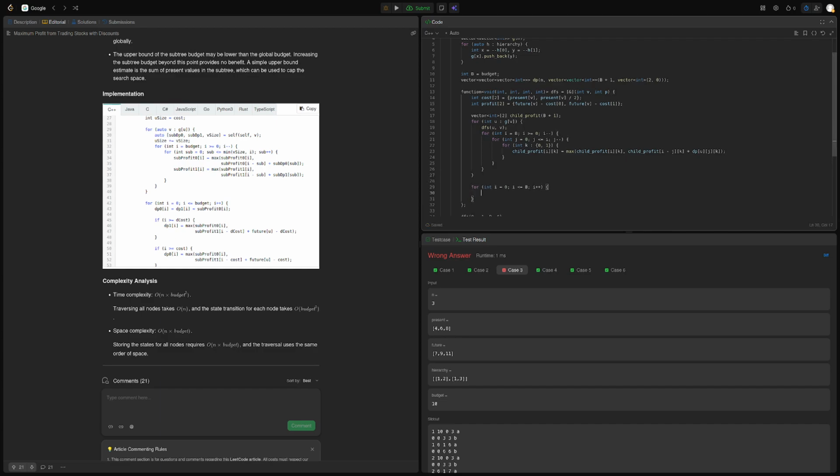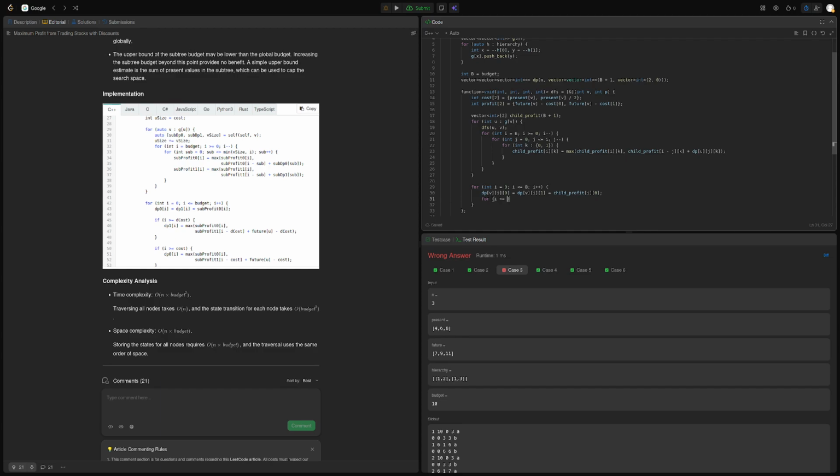Then we do this, so dp vector I0, dp vector I1 is child profit vertex I, child profit I0.